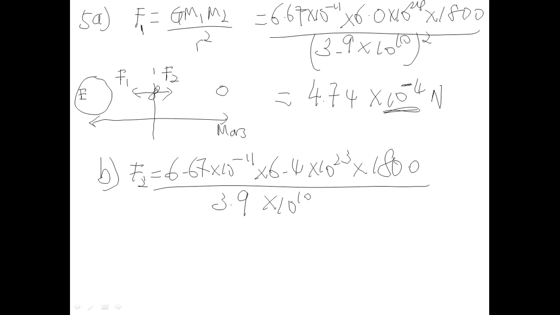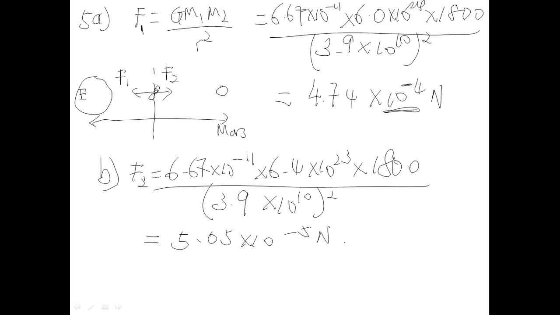So don't forget the square, and you will get your answer as 5.05 times 10 power negative 5 Newton. Now, this attraction force due to Mars is even smaller than that due to the Earth, because you have to understand that Mars has a smaller mass.